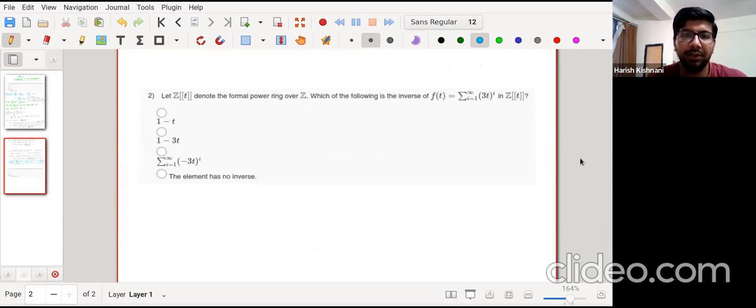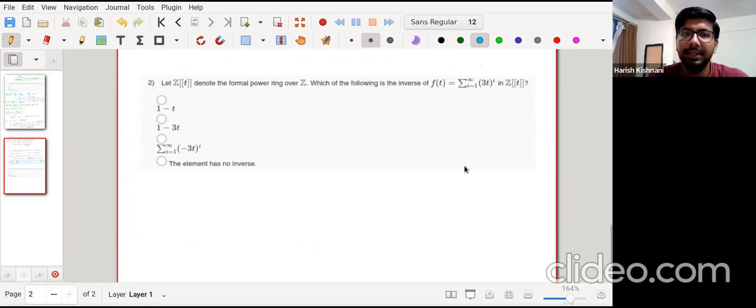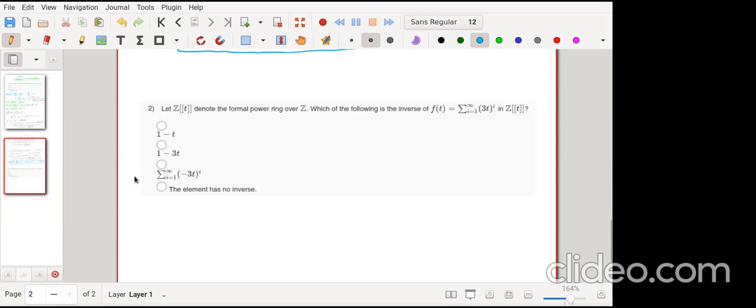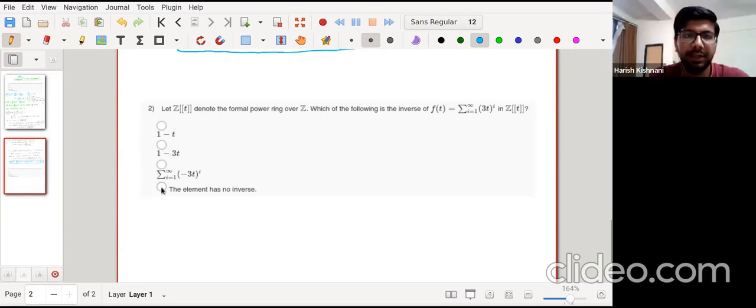If it exists, what can be the inverse? Certainly, it's not going to be 1 minus 3t, because the inverse is unique. So if 1 minus 3t was the inverse of your previous function, it can't be the inverse of this function, right? So one option you can directly neglect. Now, from the rest three, what can you say?